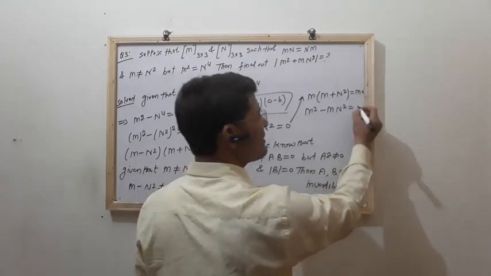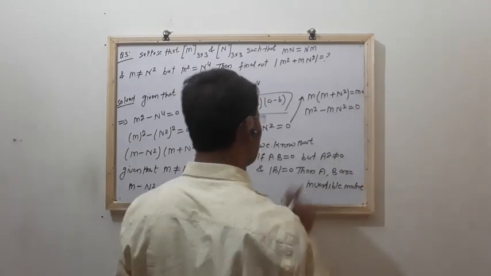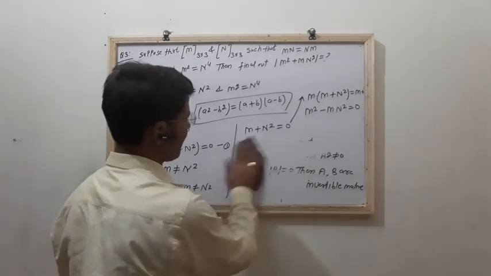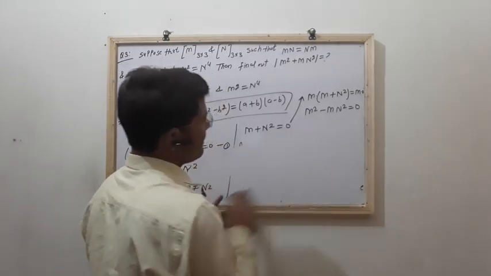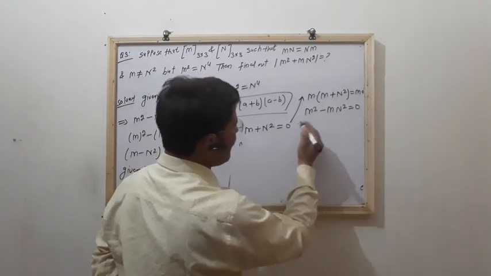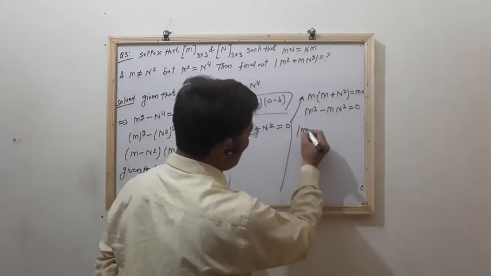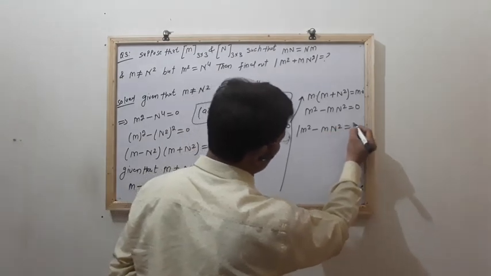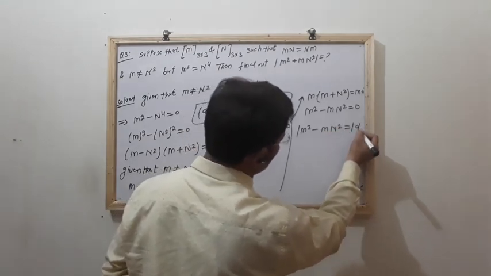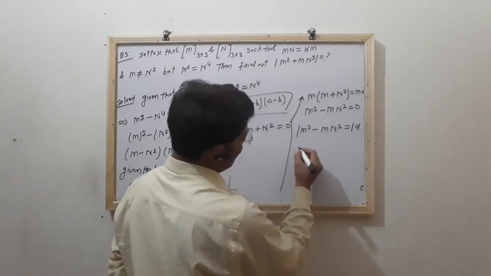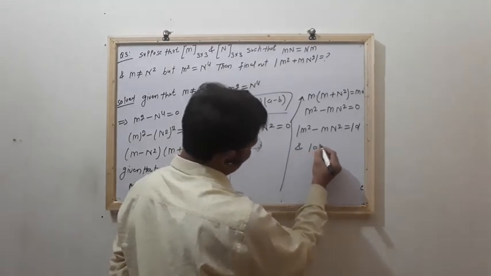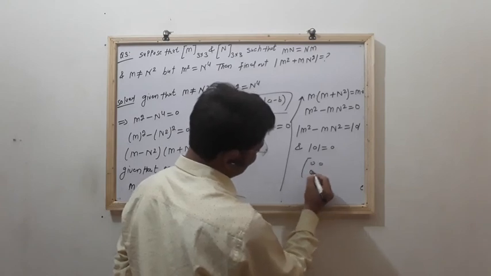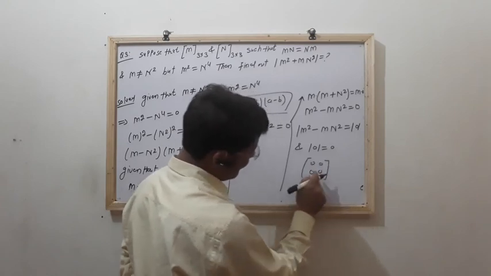Taking determinant both sides, determinant of M square plus M into N square is equal to determinant of 0 matrix, and determinant of 0 matrix is always 0, because 0 0 0 0, this is a 0 matrix.